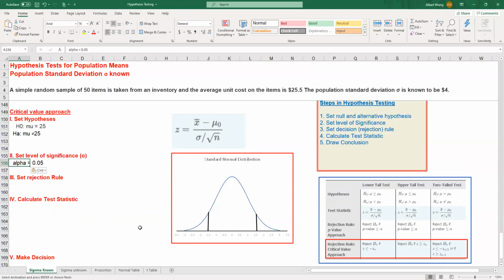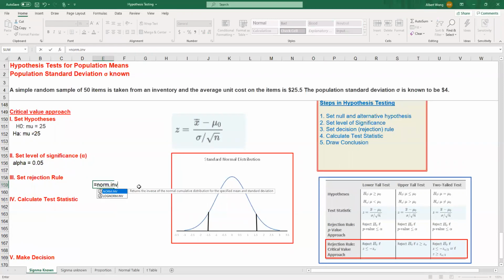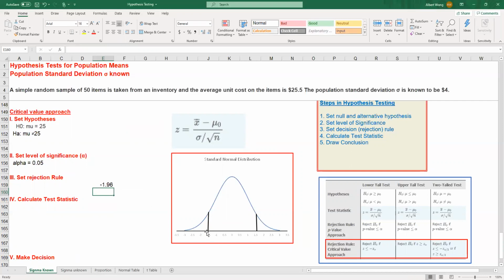How do we find it? You can either use the normal table, or you can just use the function norm inv 0.025, 0, 1, and that number is equal to negative 1.96. So if this is negative 1.96, the other would be positive 1.96.